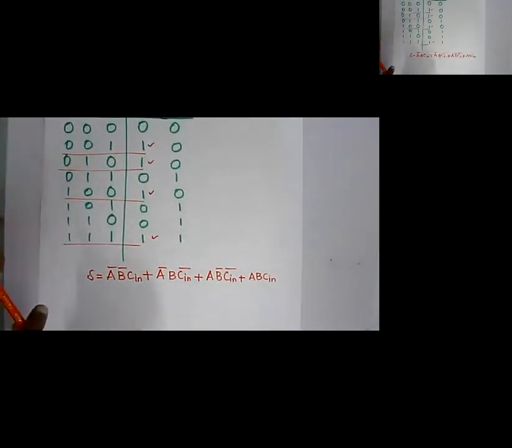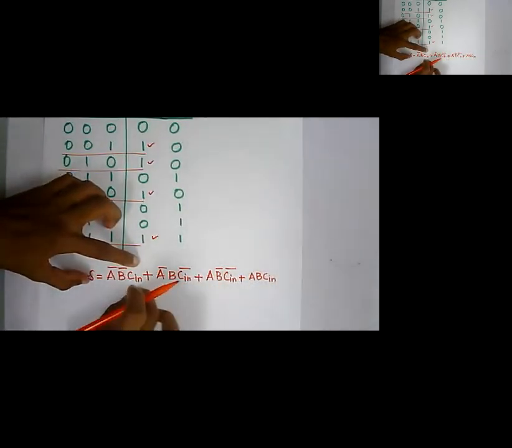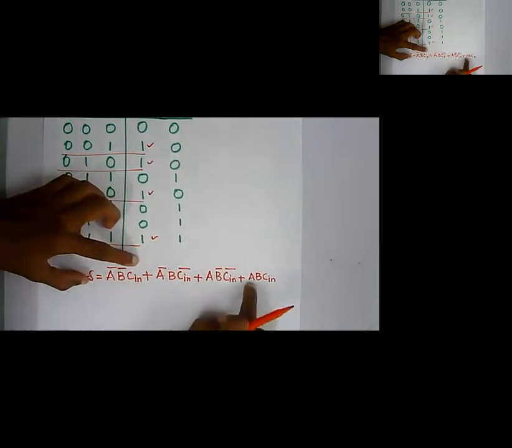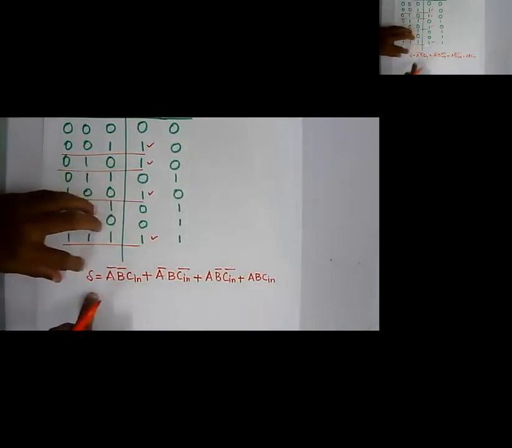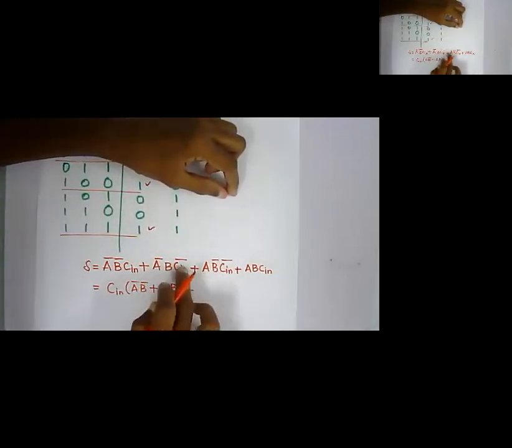Okay, now let me take this C in here: A bar B bar C in, and A B C in. I can take C in as common. So I can write it as C in into A bar B bar plus A B. Plus, out of these two, I can take C in bar as common.